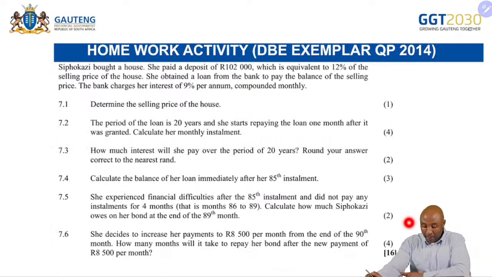You can take a picture of this one. It's from the exemplar question paper 2014. You will do it later on at home, and you are able to get the solutions from the DBE website. If you get the memo of that question, it will help you a lot practice what we covered today.